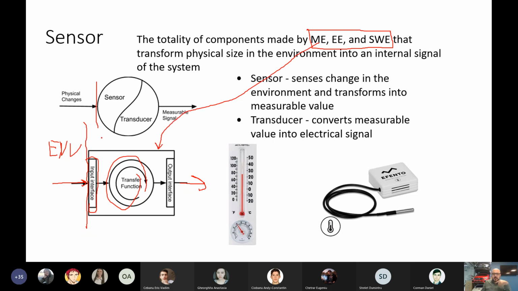We can use mechanical engineering, electrical engineering, and there are cases where we can use software engineering inside of the sensor, or even the components drivers from our software can also be considered a component of the sensor.